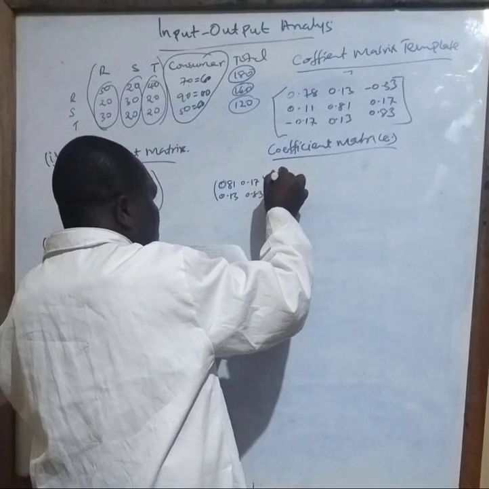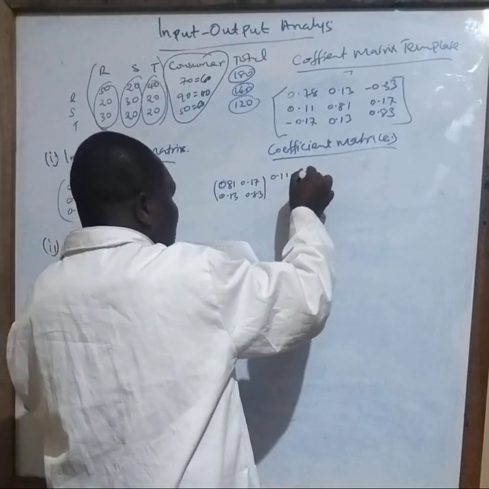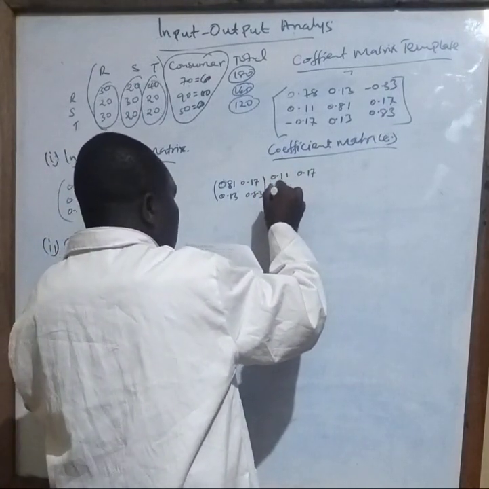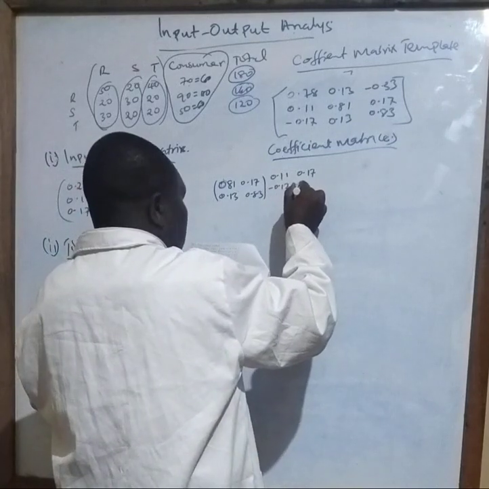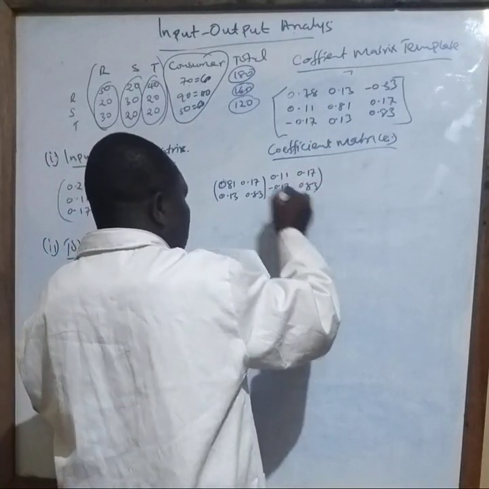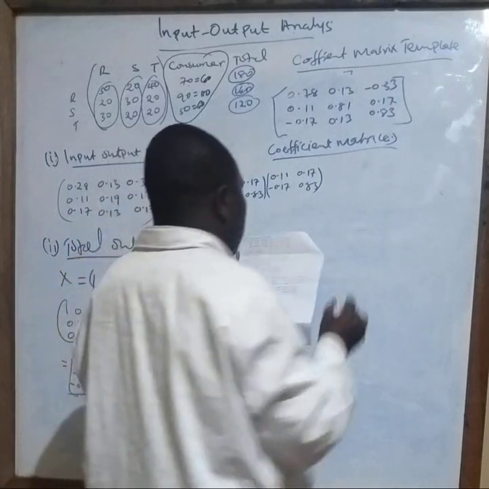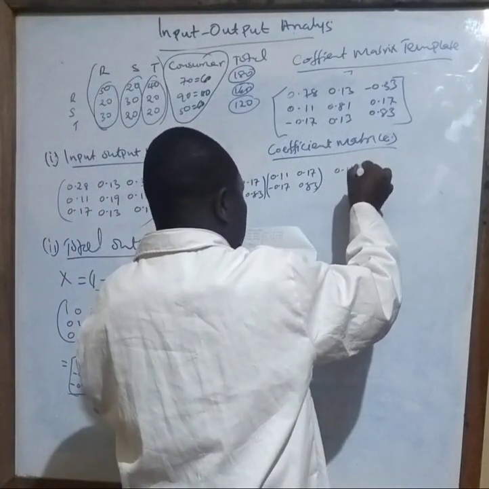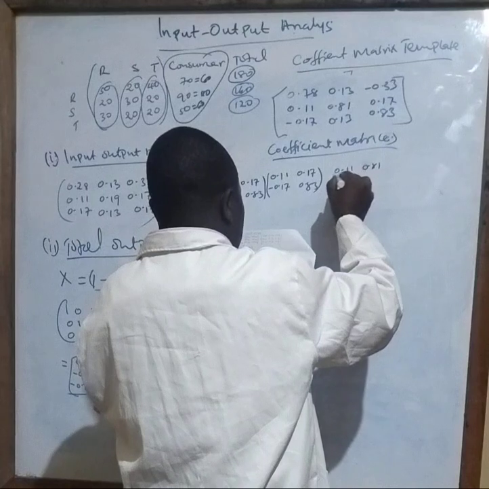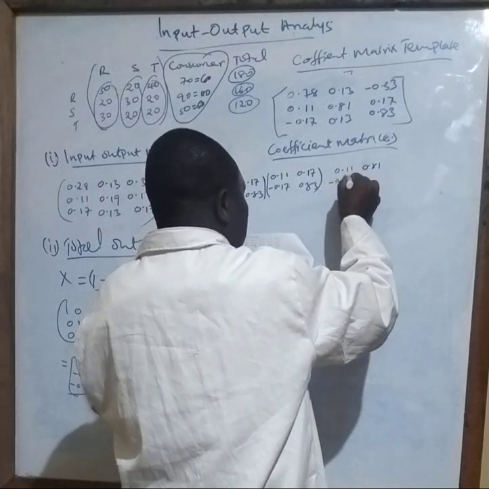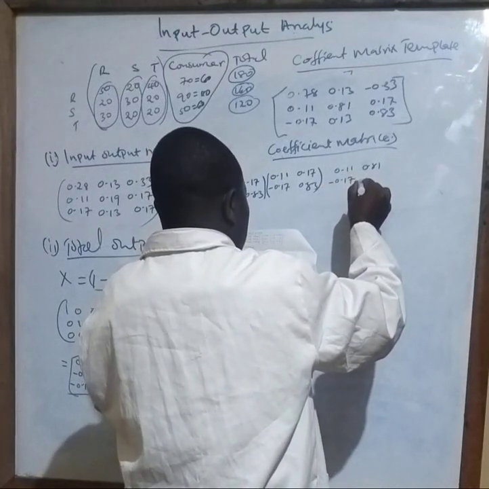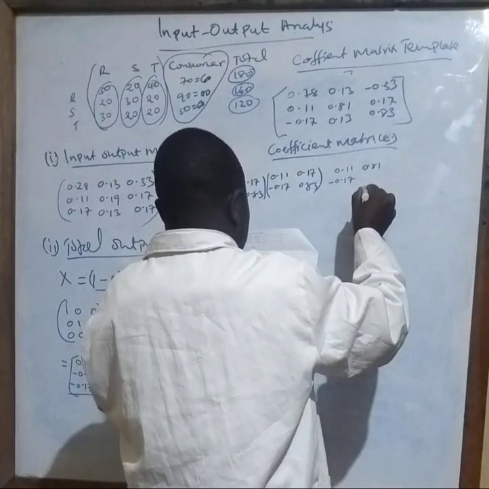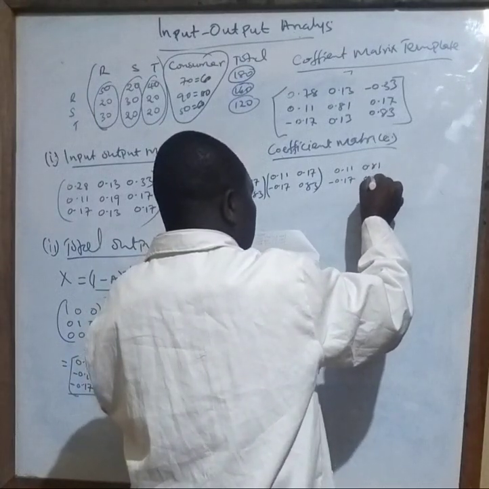Second, you get 0.11, 0.17, negative 0.17. Then you get 0.83. Then the last one is 0.11, 0.81, negative 0.17, and 0.13.